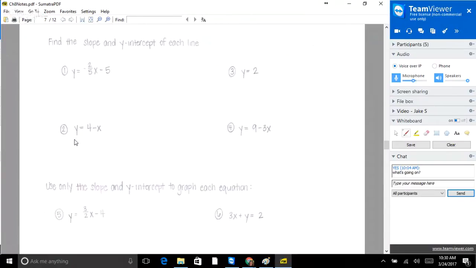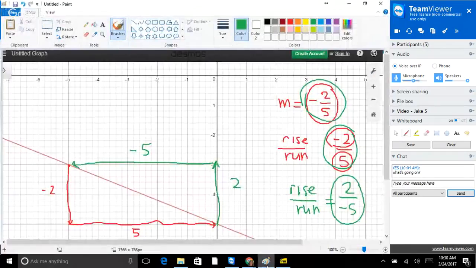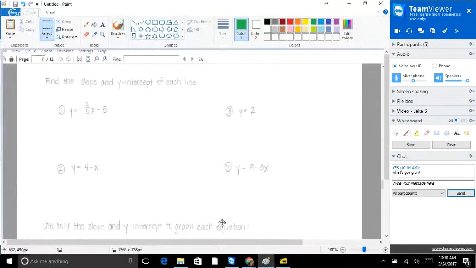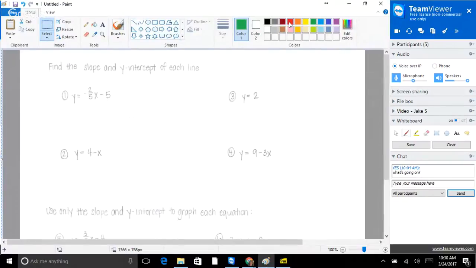So number 2 is y equals 4 minus x. Who thinks they can tell me what the slope of that line is? Trick question, right?